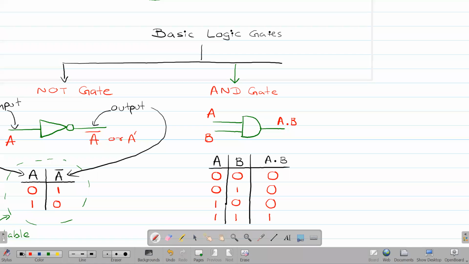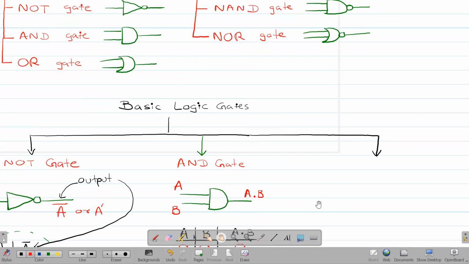Okay, so the third one, which we haven't talked about, is the OR gate. Right? So what's the nature of the OR gate?